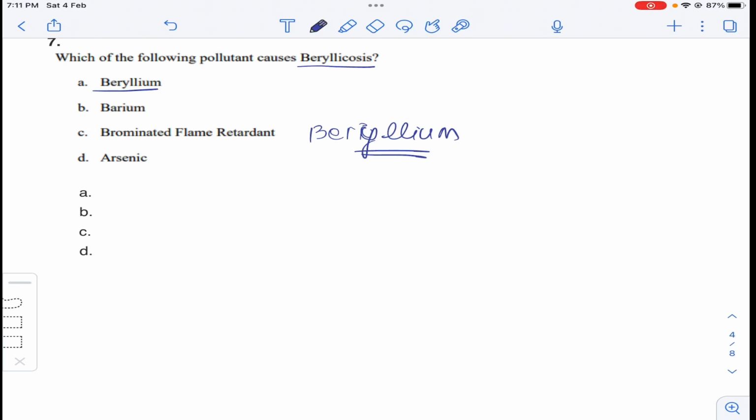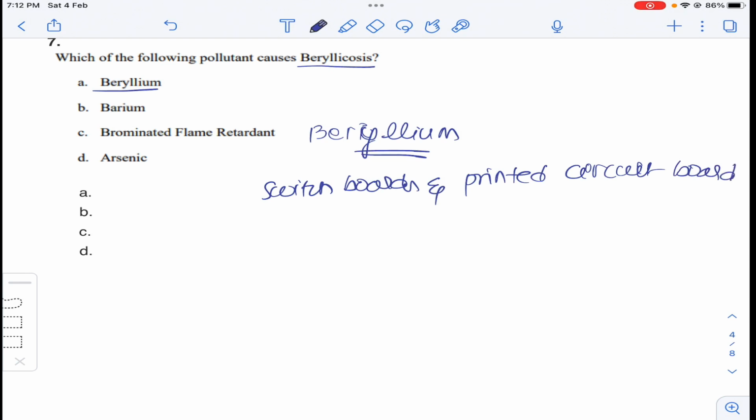Generally this will occur in switchboards and printed circuit boards. So answer A for question number 7.